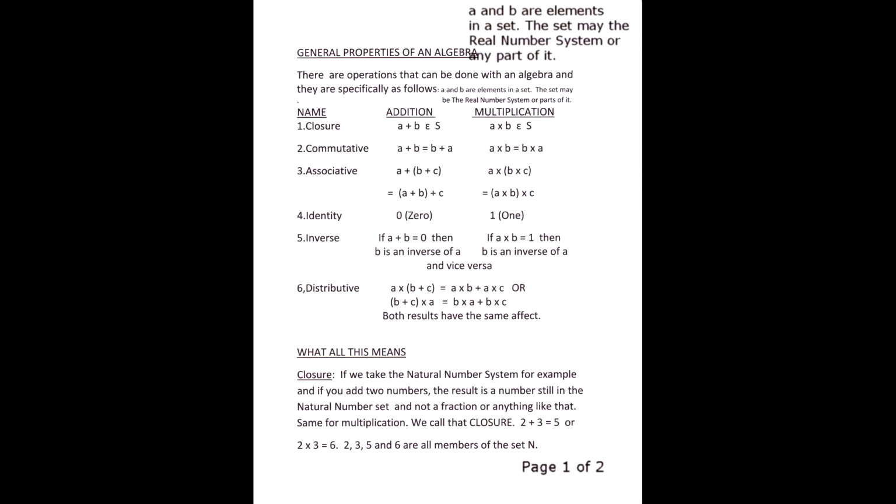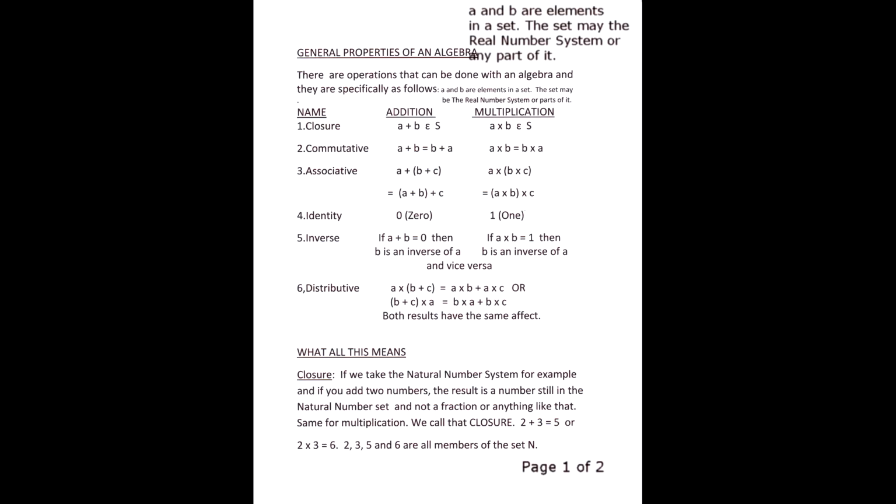The first one listed as a property is closure. If we take the natural number system, for example, the counting numbers 1, 2, 3, and so on, and you add two numbers, one is A and one is B, like 2 and 3, the result is still a member of the natural number set.